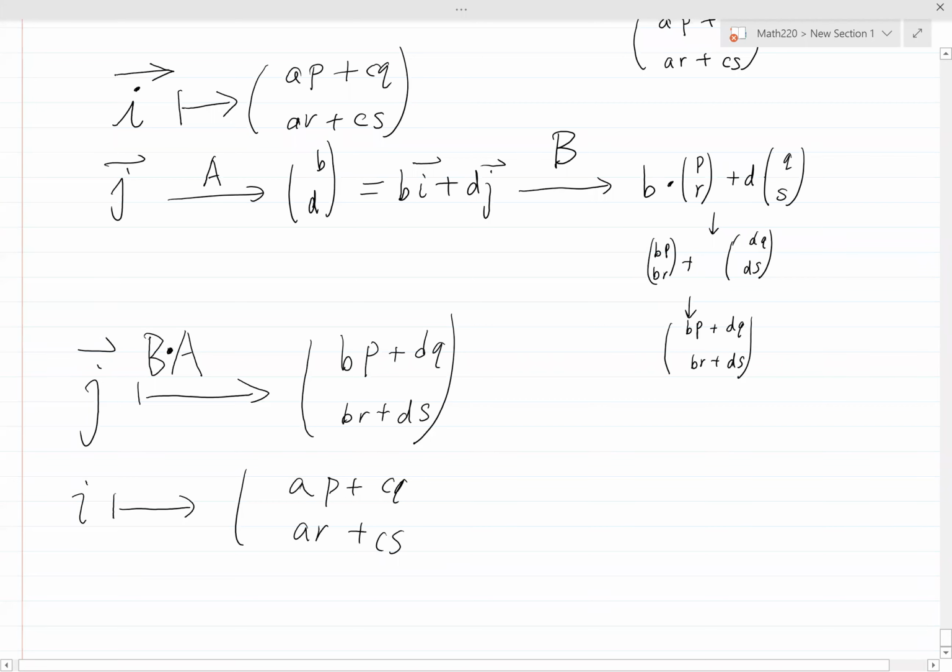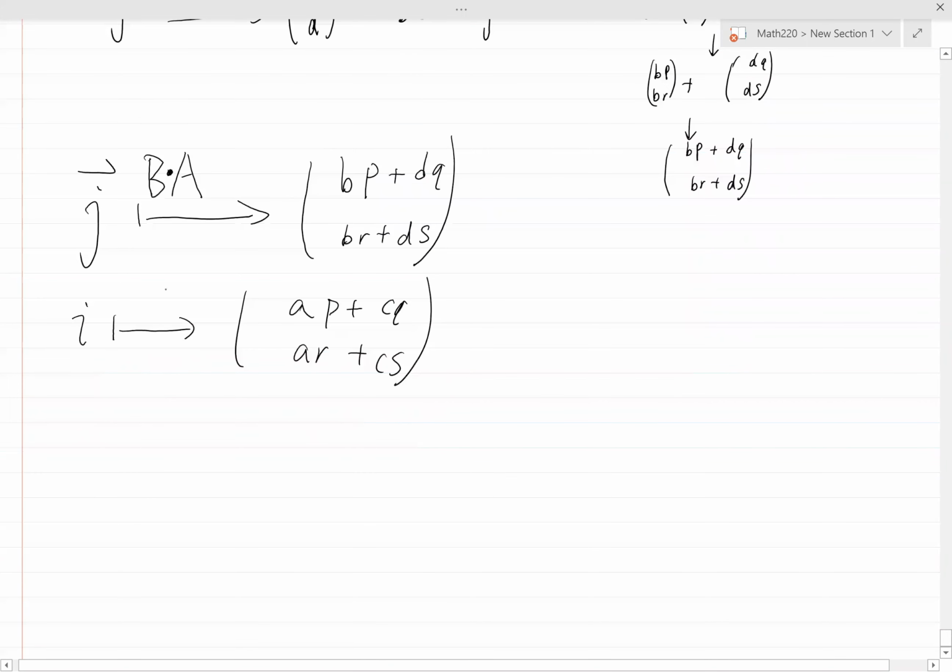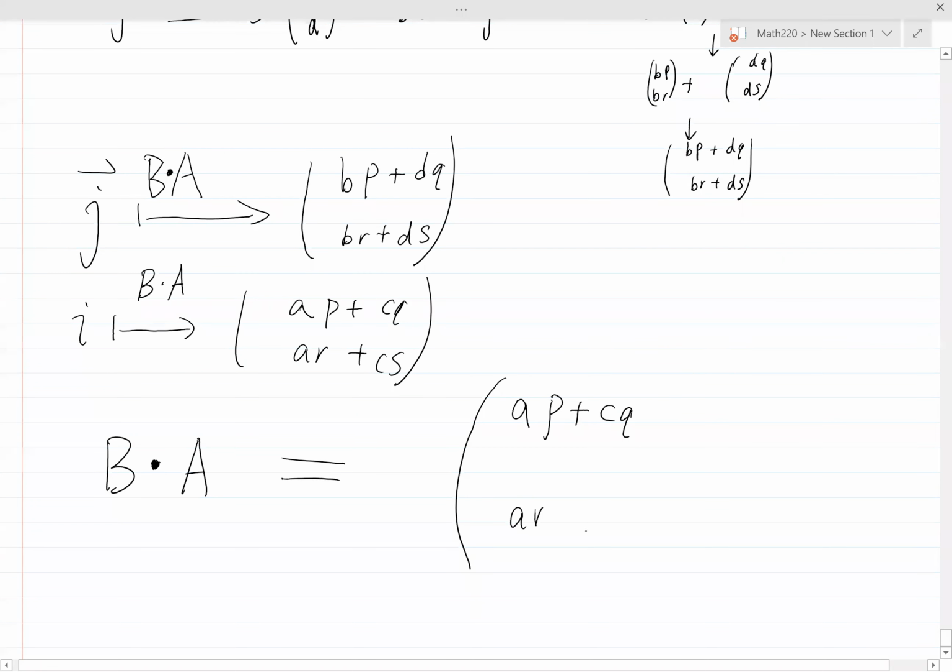Under the rule of composition, we first do A and then do the operation of B, so it's B multiply A. The first column is the output of I, AP plus CQ, AR plus CS, and the second is BP plus DQ, BR plus DS.